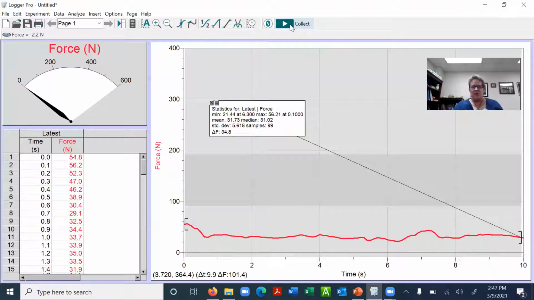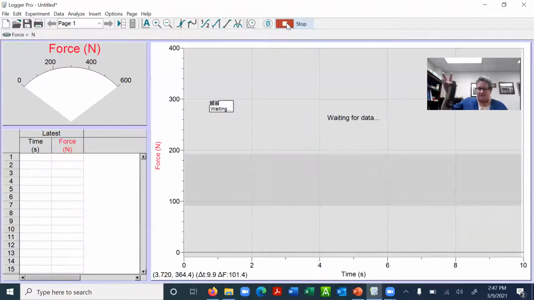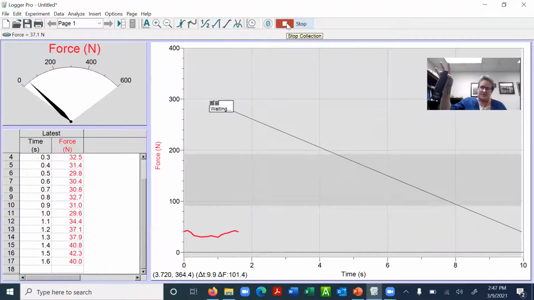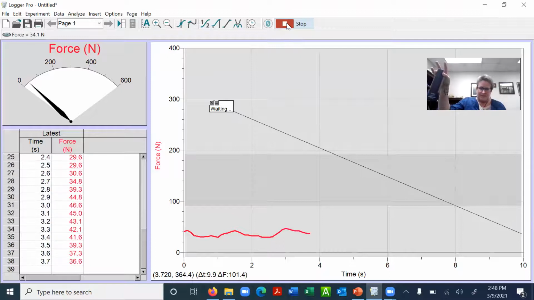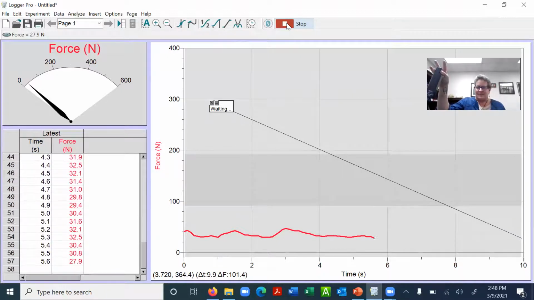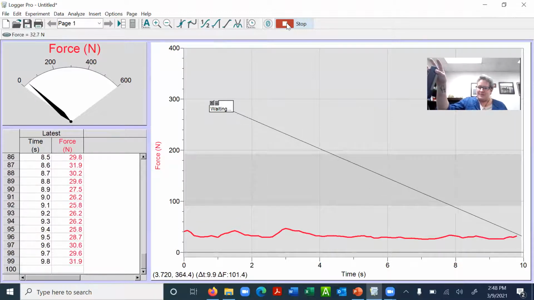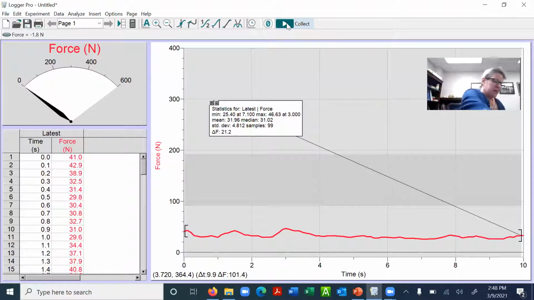Now I'm going to repeat it with my ring finger. Ooh, 31.9. That was a little stronger. And now the pinky finger.